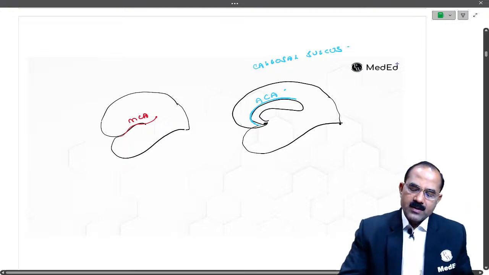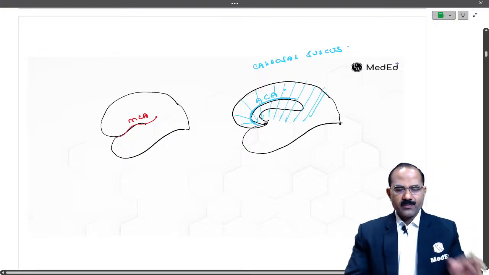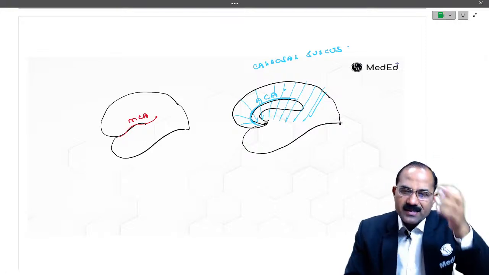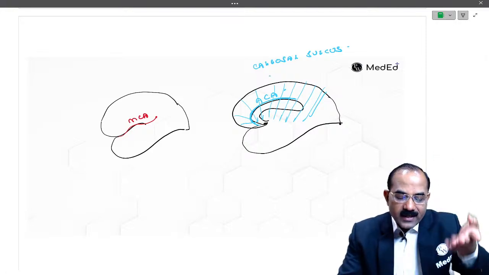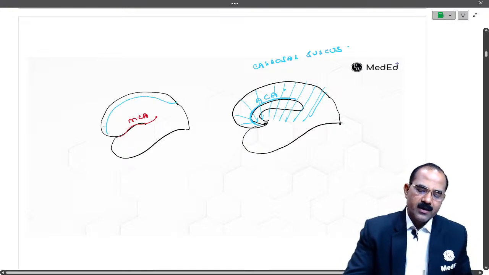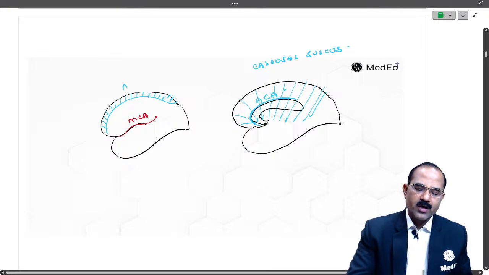Now, this anterior cerebral artery would supply a major part of the medial surface of the brain. It would also go to the supralateral side. A small area on the lateral side is supplied by which artery?